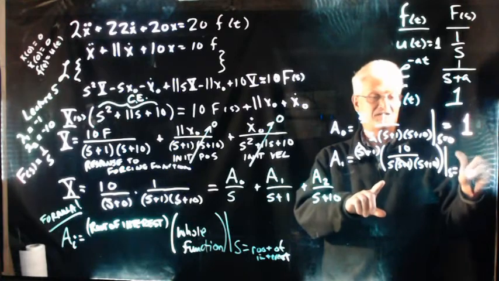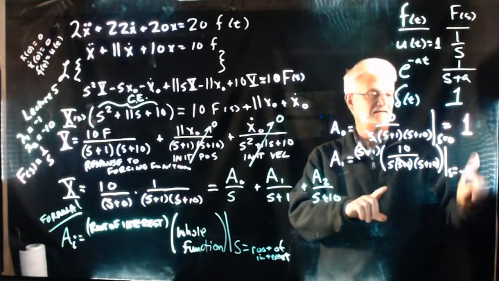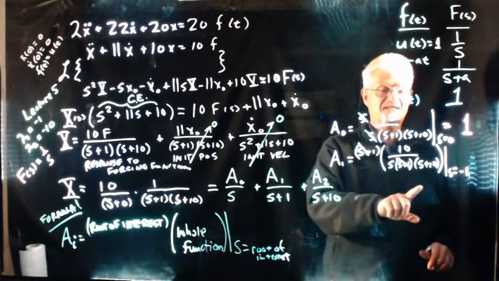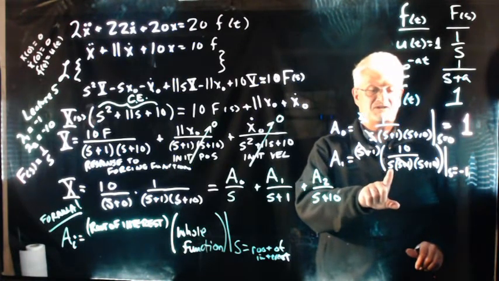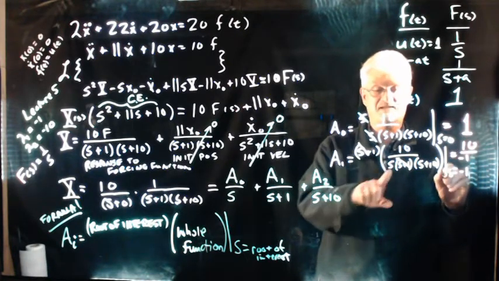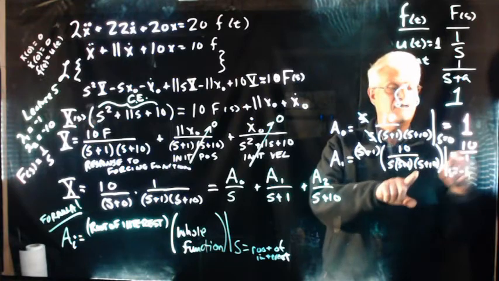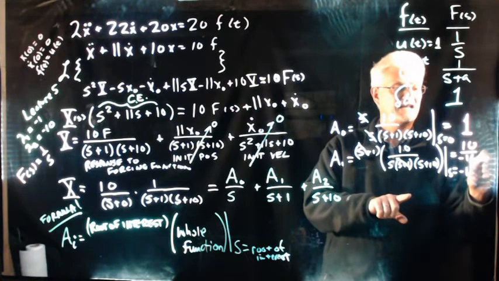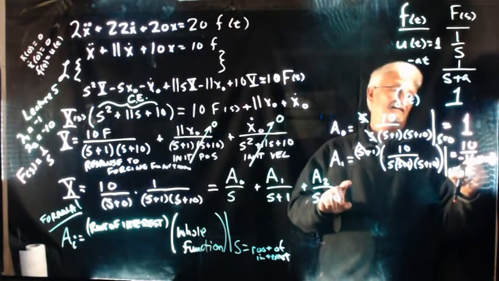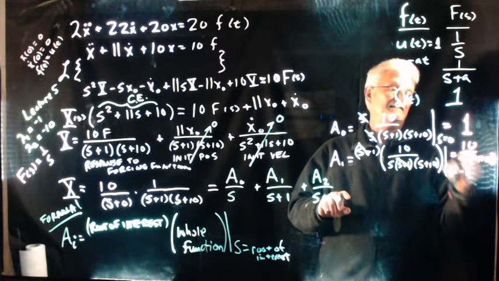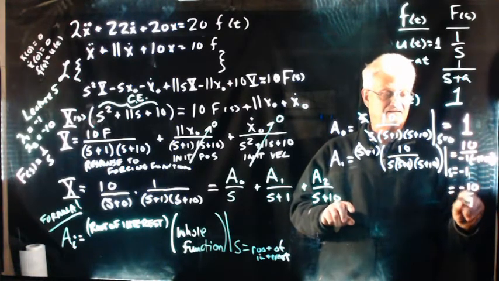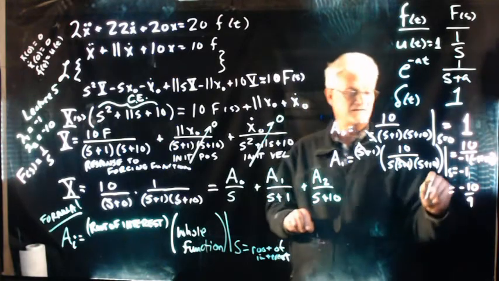Sorry, it's the root of interest, and I'm evaluating at that root, which is s equals minus 1. So this is going to be 10 over minus 1 times minus 1 plus 10. You can do all that math out. That's 9, 10 over 9, but there's a minus sign on it, so that's minus 10 over 9. That's A1.